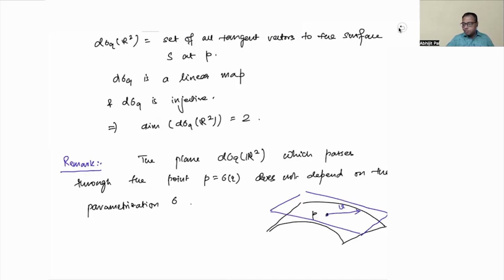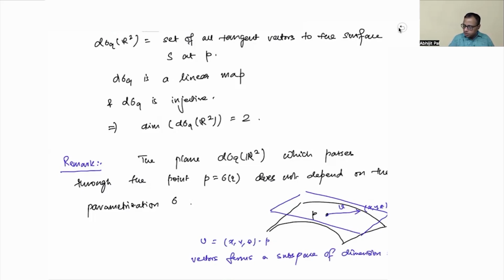So if I take any point x, y, z in this plane, then the vector v will be nothing but x, y, z minus this P. So these vectors form a subspace of dimension 2.